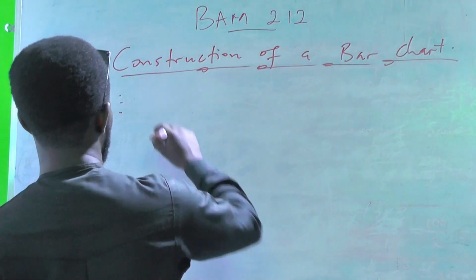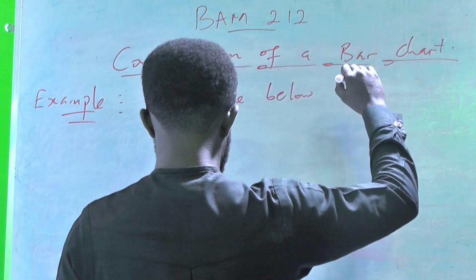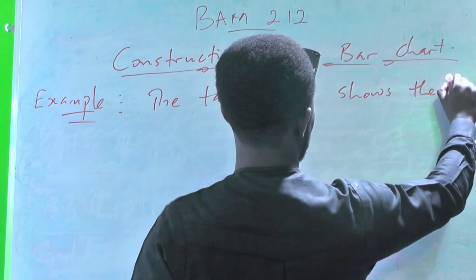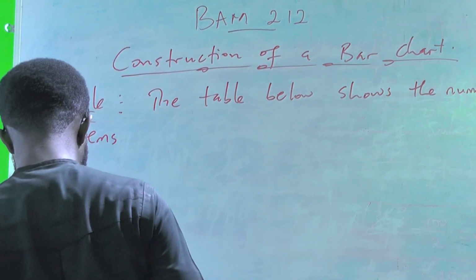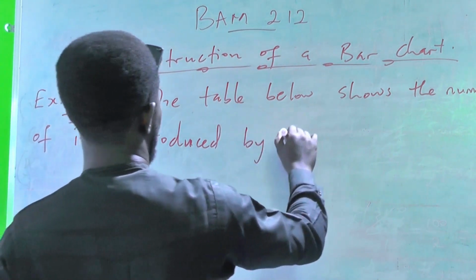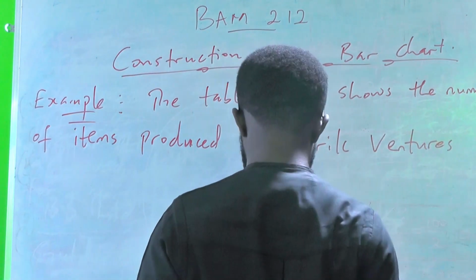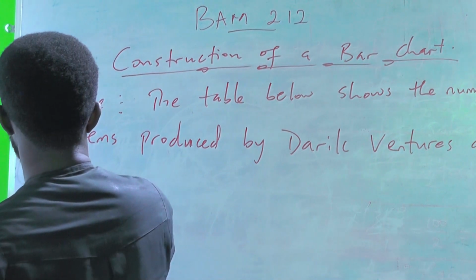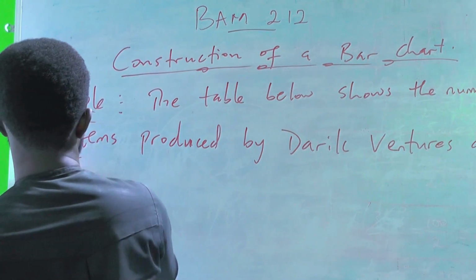The question says: the table below shows the number of items produced by direct ventures over a 5 years period of time.